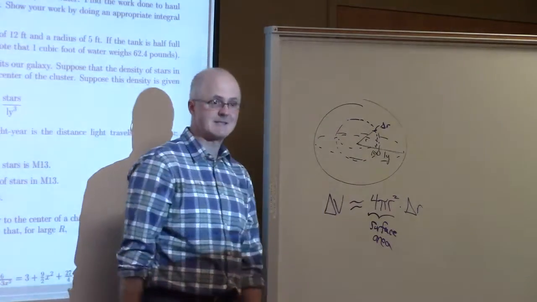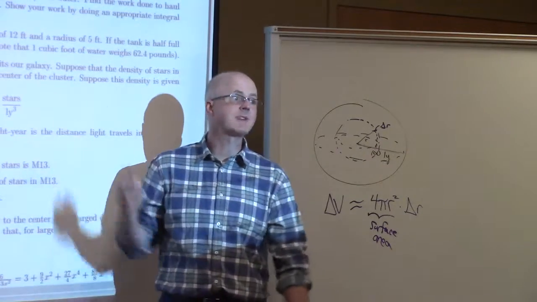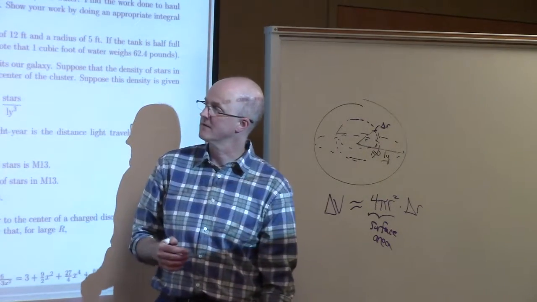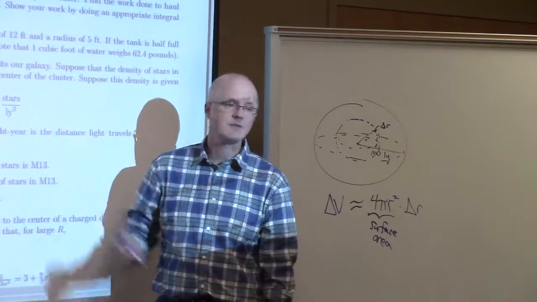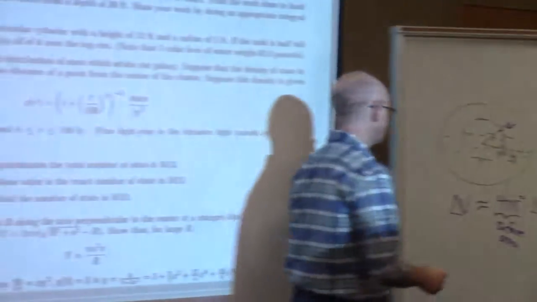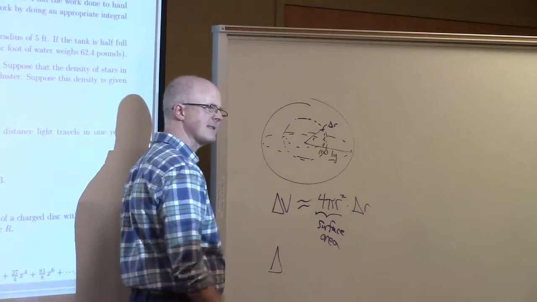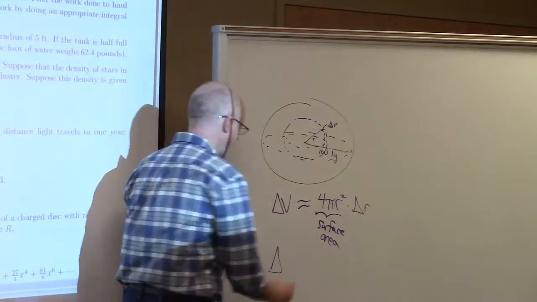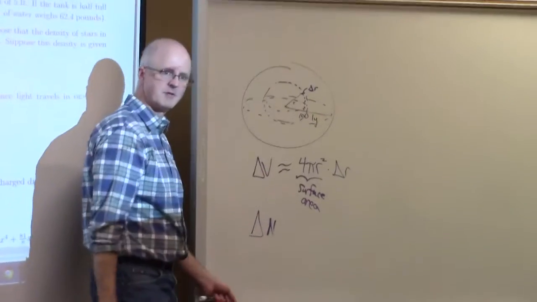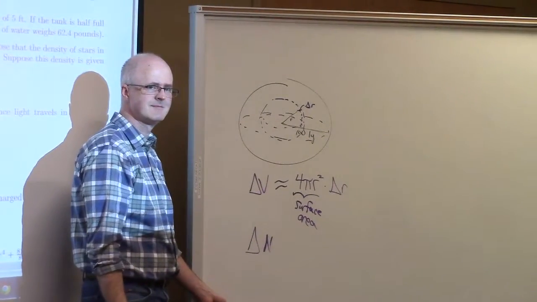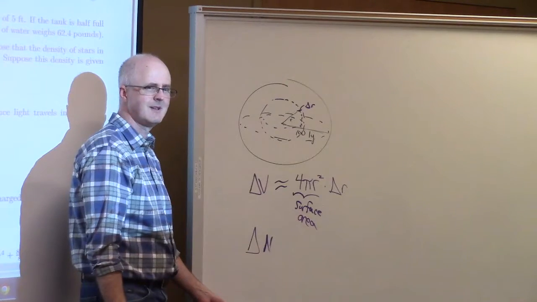What about the number of stars in such a thin sphere? We're after the total number of stars. The approximate number of stars, what should I call that? Delta n, maybe, for number of stars? It's a little bit funny.